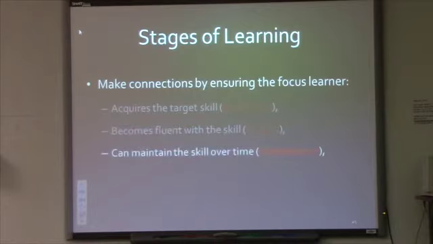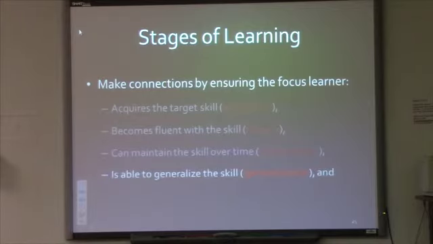They have to be able to do it on their own over time. So once they become fluent, they should be able to maintain it. They can take that skill and apply it to another area. So you teach them a writing skill, they can take that writing skill and go use it in science, social studies, blah, blah, blah.